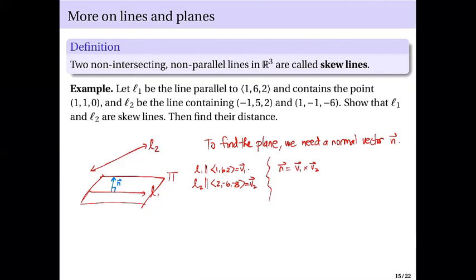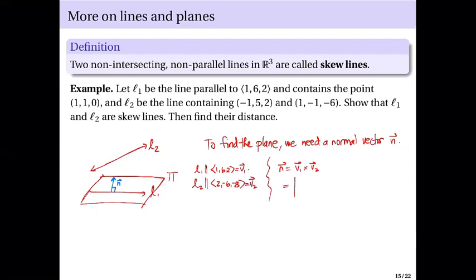So the cross product here is the one we needed in order to get the normal vector for the plane. But let's solve for the cross product to finish up the solution here.